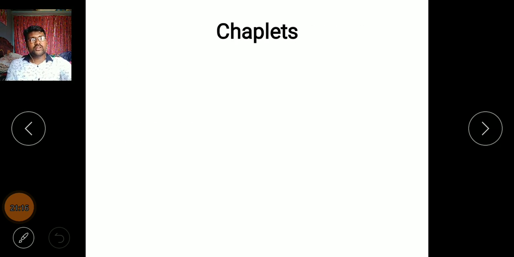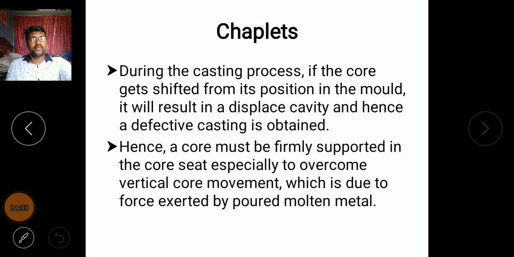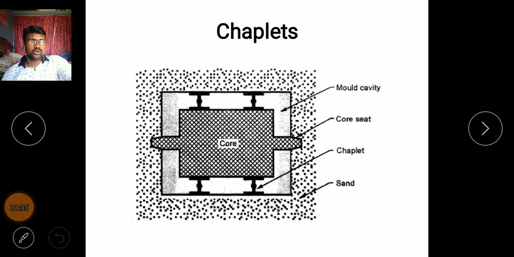Next, chaplets. A chaplet is used to support the cores in a mold cavity at the required position, and it is used to withstand the force developed due to the pouring of molten metal. Observe, it is the core, and the core is supported by chaplets. Whenever we pour molten metal into the mold cavity, due to the force developed by the molten metal, the core will move upward and downward.